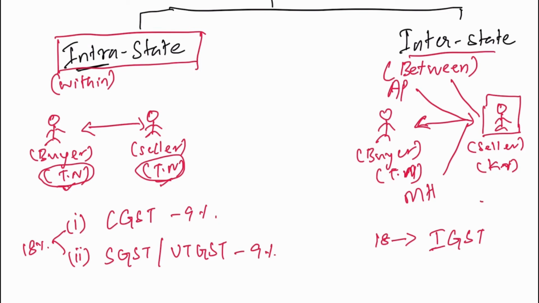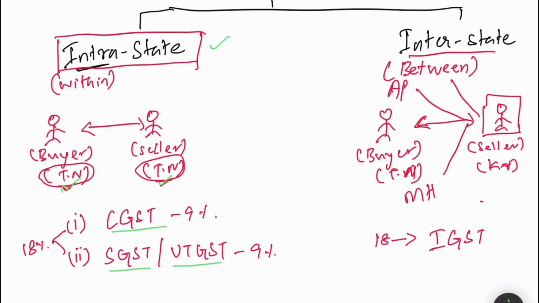So these are the different types of taxes. In case of intrastate transaction, since only one state government is involved, half of the tax can be given to central government in the name of CGST, and the remaining half can be given to that particular state government. If the state government is a normal government, then it is SGST. If the particular state government is a union territory, then UTGST.